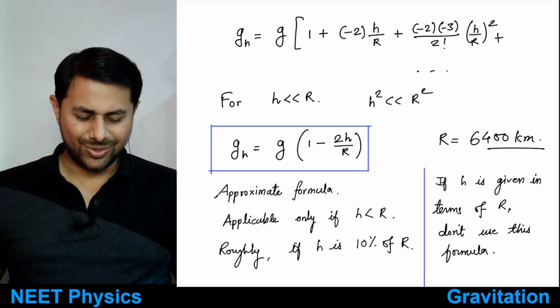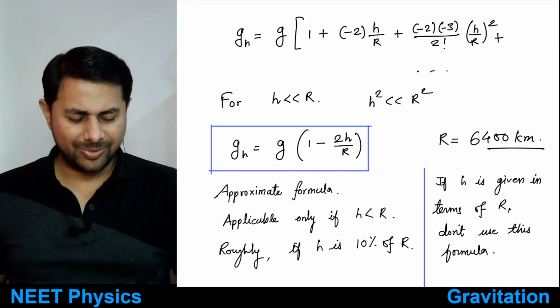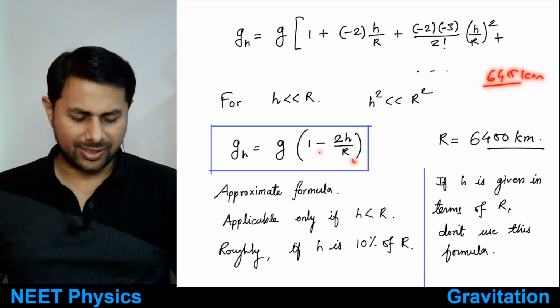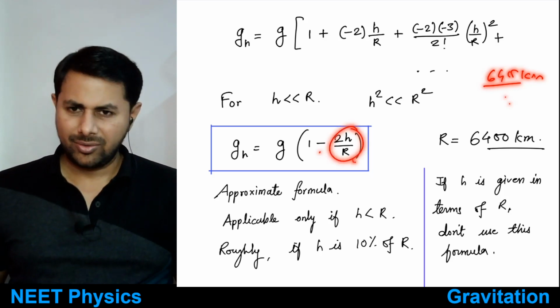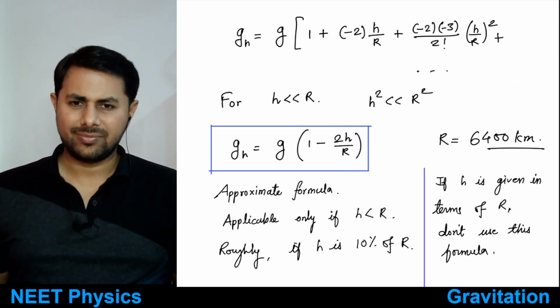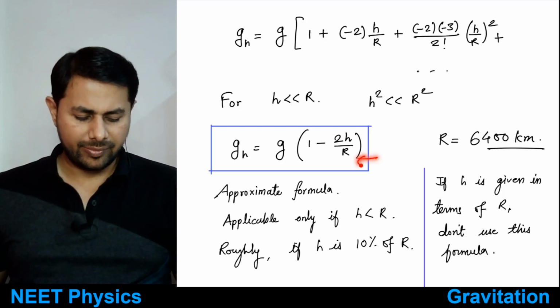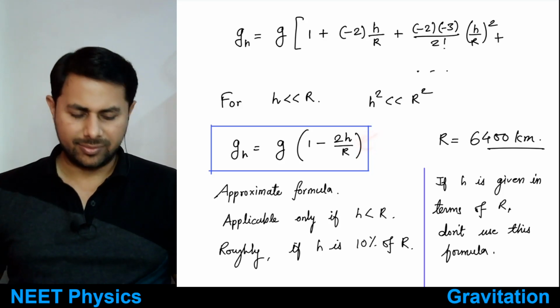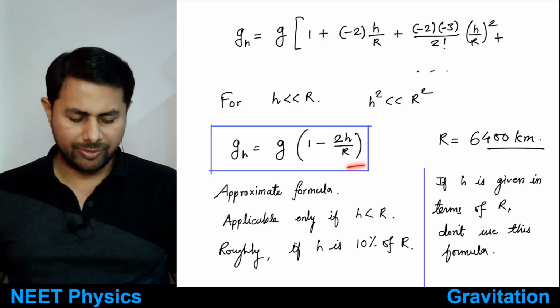So even if it is 640 kilometers and r is 6400, you can use this formula and you will get roughly the same value. It will be a little bit different, but up to 5% it will be very accurate.